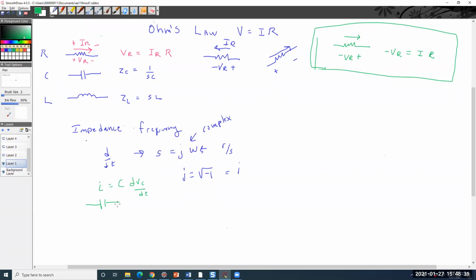Rather than this, we can just set a current IC plus, negative VC equals I ZC. And the only thing now is that the current and voltage are sine waves.